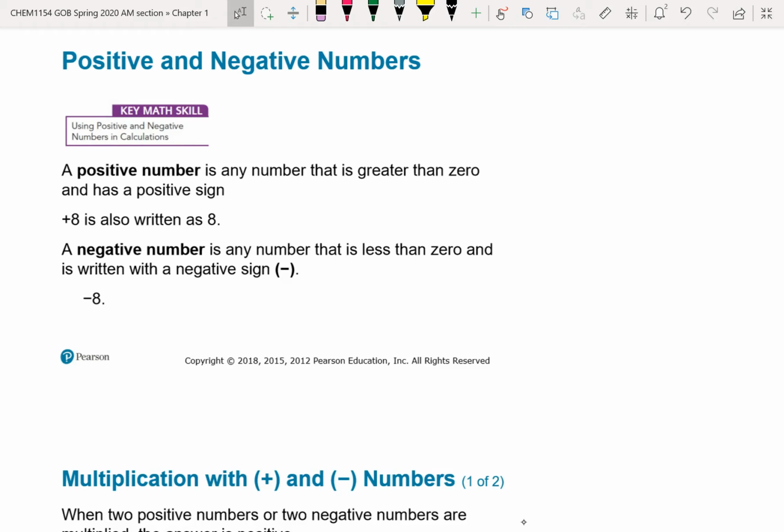So if you see 8, that automatically assumes that it's positive 8, or sometimes you'll see plus 8 written, just to avoid any confusion. So if you don't see a sign in front of something, we assume that it is positive. So plus 8 is also written as just regular 8. A negative number is a number less than 0, and there's always a negative sign associated with it. So positive numbers are more than 0, negative numbers less than 0.